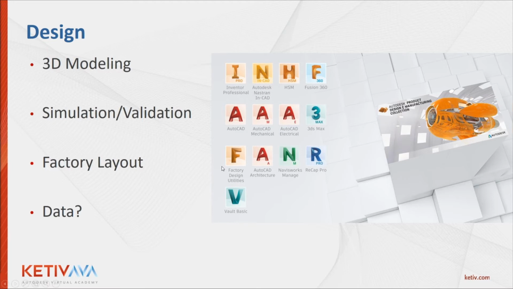Factory design utilities definitely connects AutoCAD Architecture, Inventor, and Navisworks to be able to help visualize your factory layouts and use things like process analysis to find bottlenecks in your manufacturing process and eliminate those, to be able to set your factory or facilities up in a way to optimize volume.